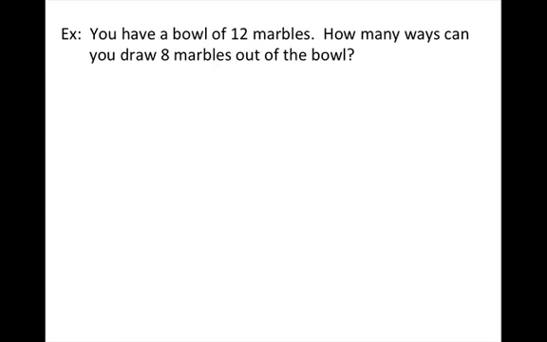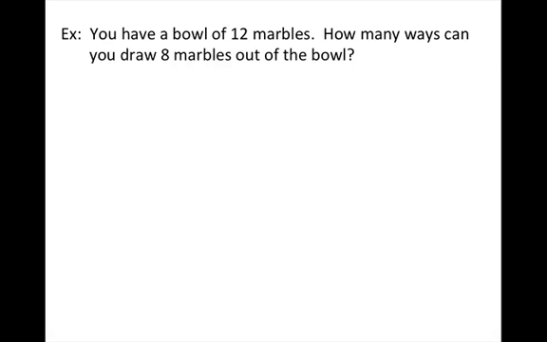In the next example, you have a bowl of 12 marbles. How many ways can you draw 8 marbles out of the bowl? So in this example, there's no importance placed on the order I choose those 8 marbles. I'm just going to reach in and grab 8 marbles. It doesn't say anything about the first marble being more important than the 8th marble.